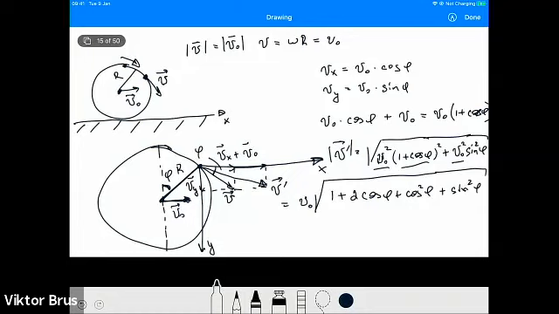So what is seen here, these guys, cosinus square phi plus sinus square phi is equal to unity.